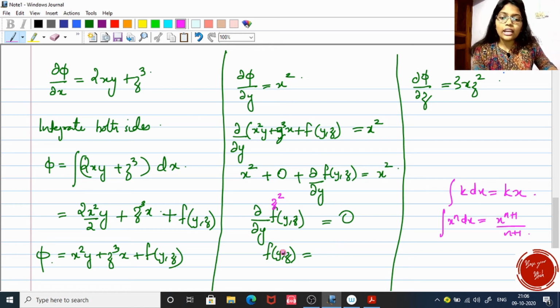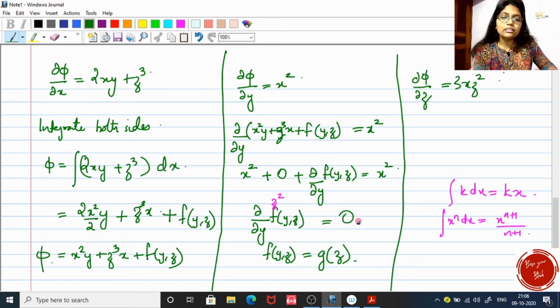So we cannot write f of y comma z as just a constant number, but let us write it as another function in z. Okay, so let us write this f of y comma z as g of z. Why? Because we are very sure that this function does not contain any variable y, because if there was y, then we would have a derivative other than 0, isn't it?